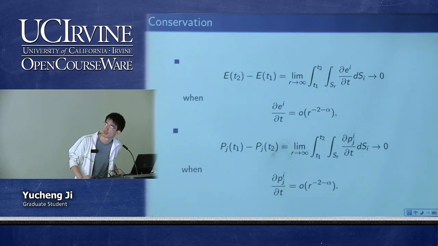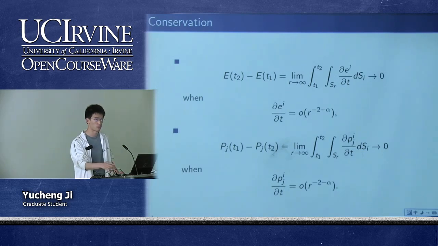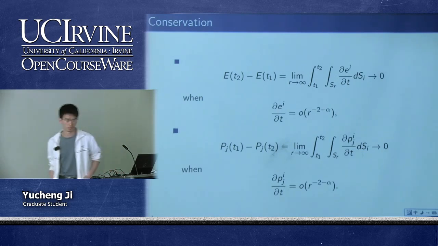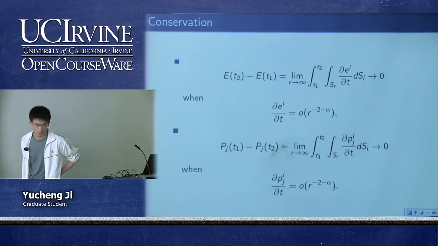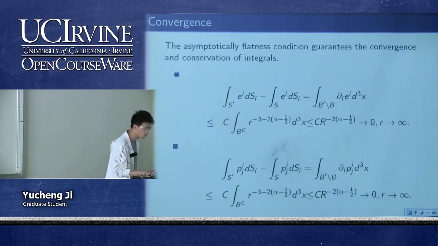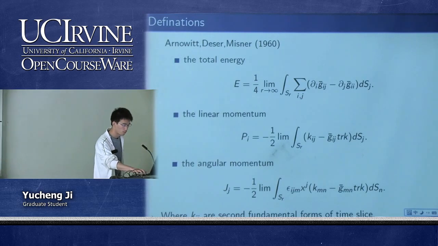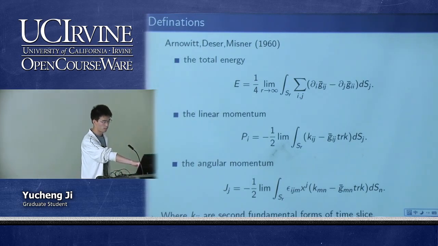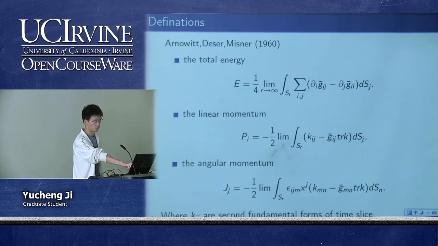I didn't mention the conservation of angular momentum because they are the same. The integrand in Pi is this Kij minus Gij trace K, and the integrand of angular momentum is just xj times this integrand of Pi.